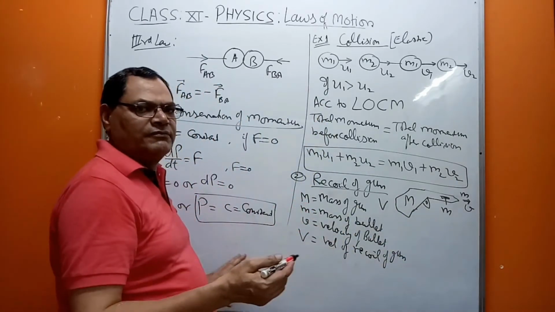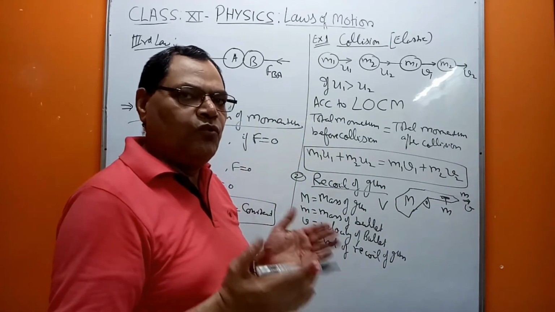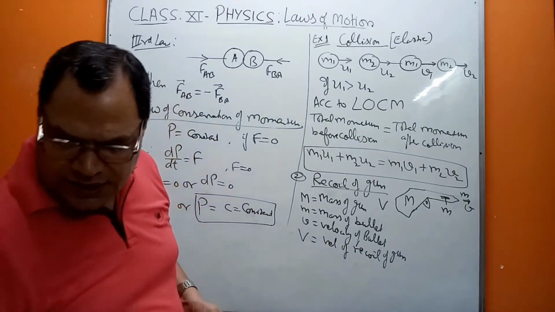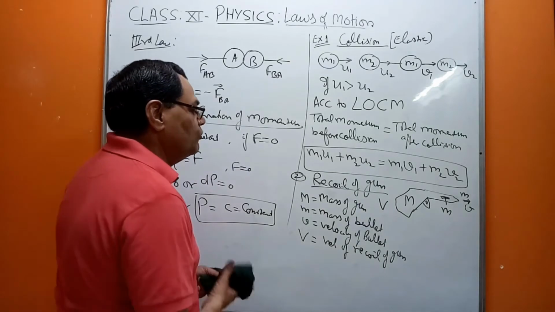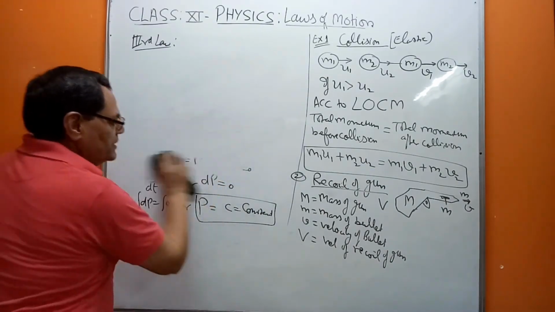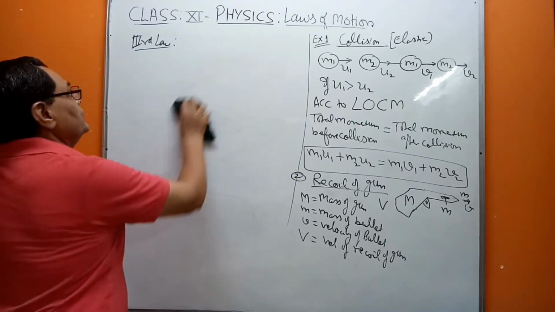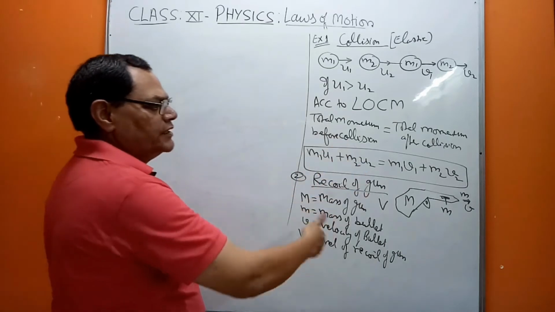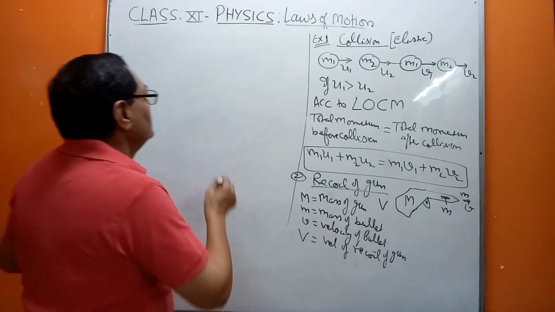Recoil means it gets a backward jerk, but let's see why. If we apply the law of conservation of momentum, the total momentum before firing the gun should be equal to the momentum after firing the gun.